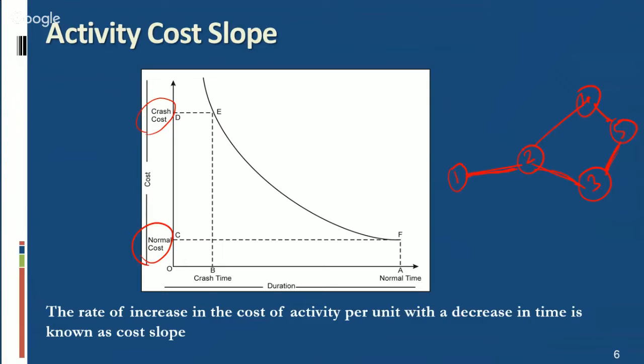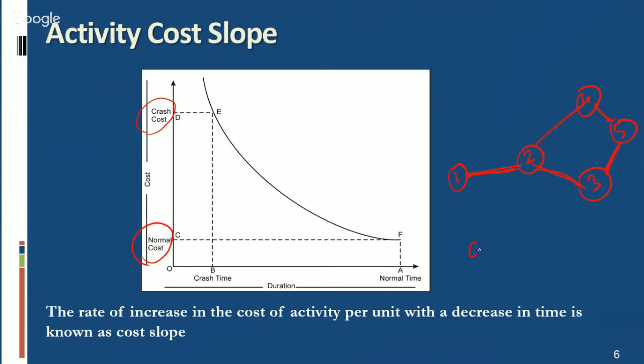So when we analyze how this longer period can be shortened, this is called crashing, and crashing is done generally in the critical path only, because the critical path is the longest path, and the project cannot be completed before the critical path time.